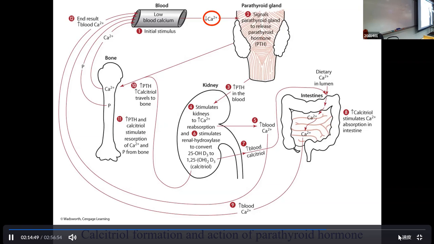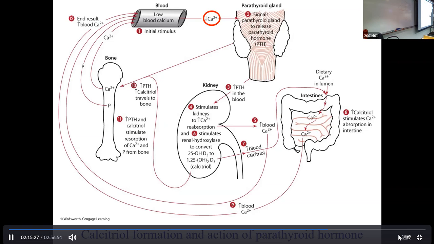Then PTH also acts on the bone. Increased PTH, together with the increase in vitamin D, acts on the bone and stimulates resorption. That means breakdown of the bone. Breakdown of the bone will release the calcium and phosphorus, and therefore, again, try to correct the original problem, that is a decrease in calcium.